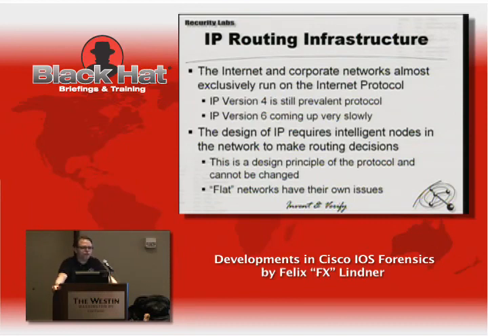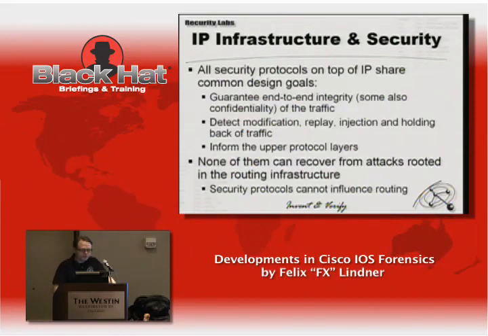IP is based on the fact that each node only knows the next hop. And even if you try to prevent that and you build full flat networks, you get a whole lot of different problems, as was experienced the hard way by people when they set up cable modem networks and DSL networks. So what does that mean for security?